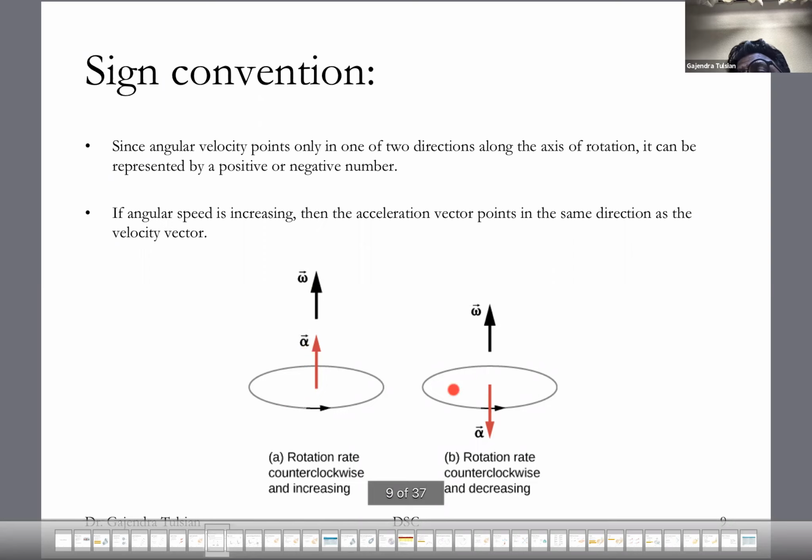And in this case, the angular velocity is pointing in the opposite direction of the angular acceleration. So this object is spinning that way, but its rate of spin is slowing down, because the acceleration is pointing in the opposite direction. That's what we're saying: if angular speed is increasing, then angular acceleration points in the same direction as the velocity vector.